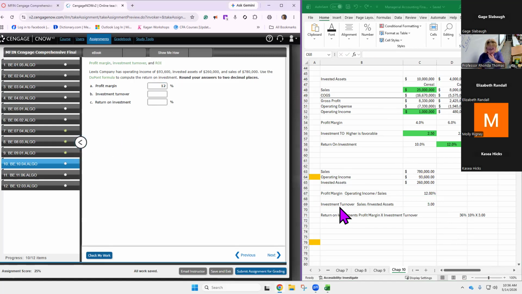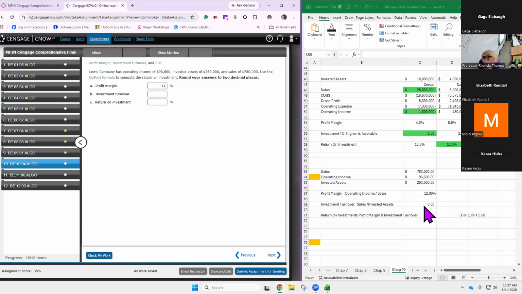The next one is called investment turnover. So you have investments, invested assets, and you're selling based on those invested assets. So comparing the two, you're going to take sales of 780,000 and divide by the invested assets. And what that means is that the assets that we have been turned over 3 times into sales, right?